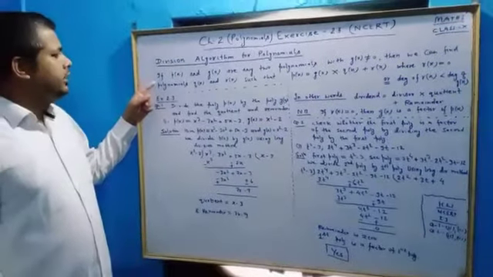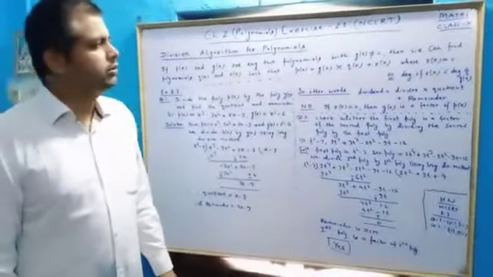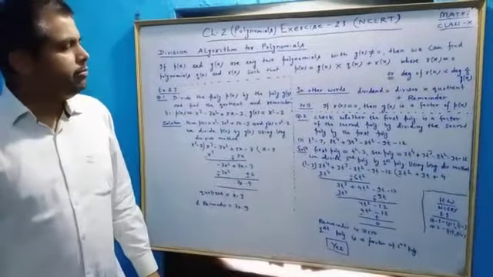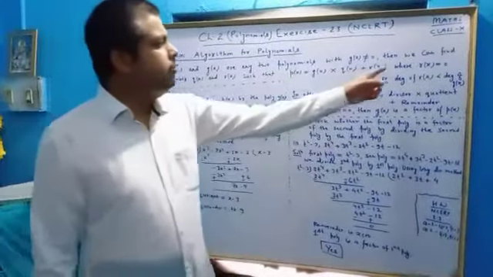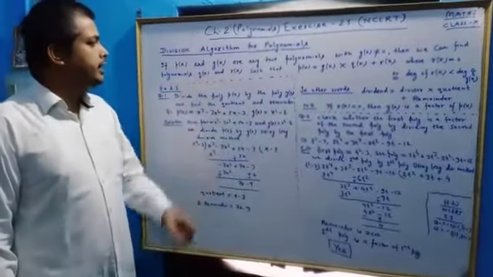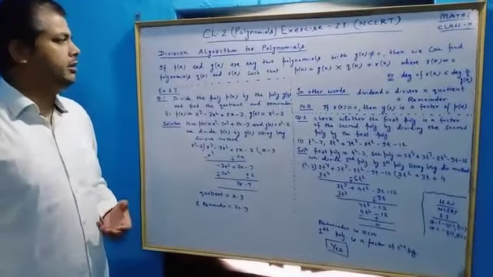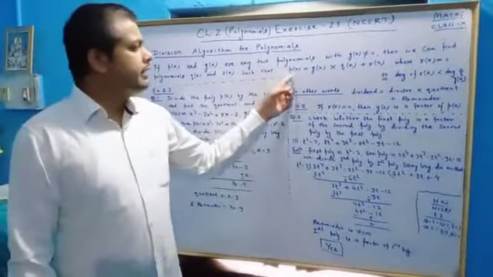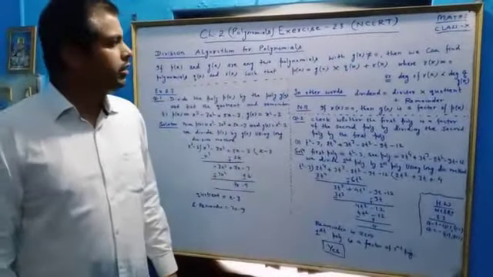In this algorithm, if p(x) and g(x) are any two polynomials with g(x) not equal to 0, that means the divisor is not equal to 0, then we can find polynomials q(x) and r(x), that means we can find quotient and remainder, such that p(x) is equal to g(x) into q(x) plus r(x).